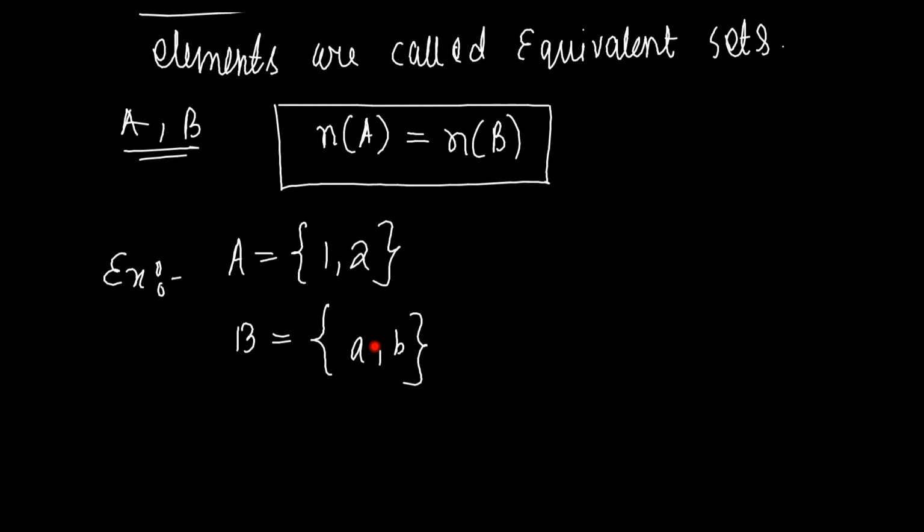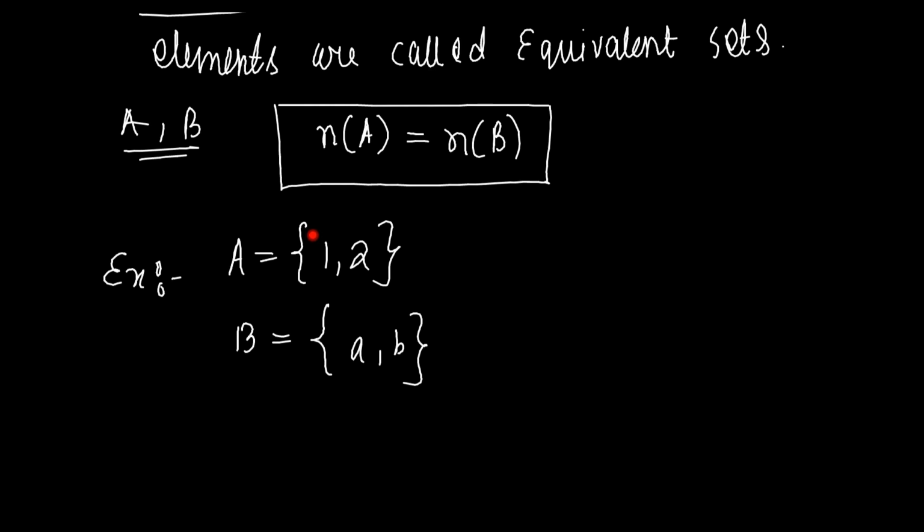Here it is not given that the elements have to be the same. It is telling that the number of elements present in the set will be the same. Then it will be equal sets, which we will do in the next topic.